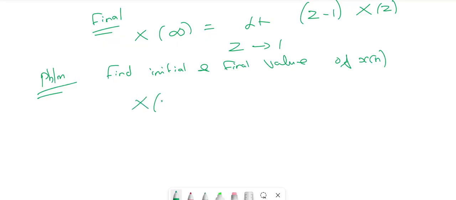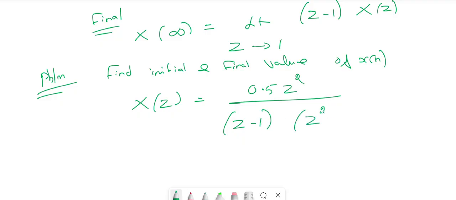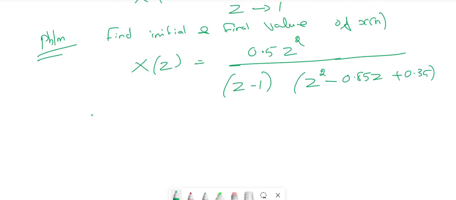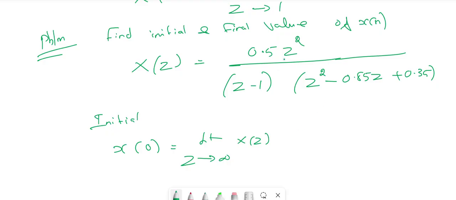If X(z) is given by 0.5z² / ((z − 1)(z² − 0.85z + 0.35)), how do you find the initial value? x(0) is equal to the limit as z tends to infinity of X(z).